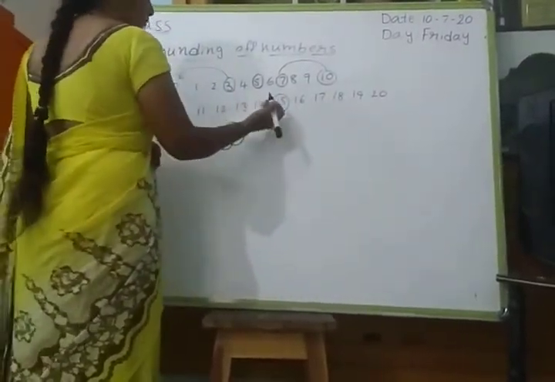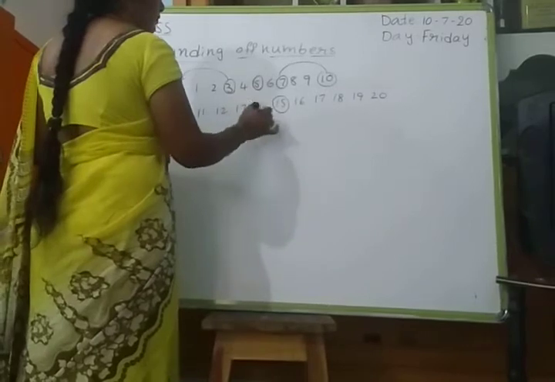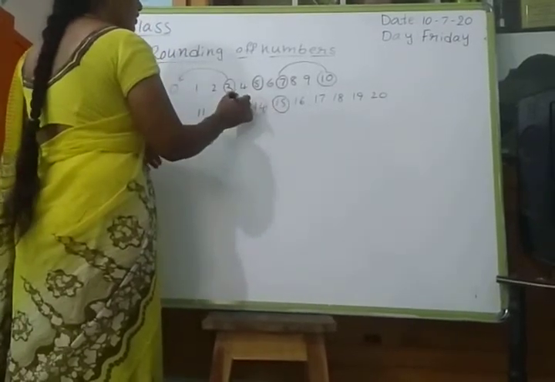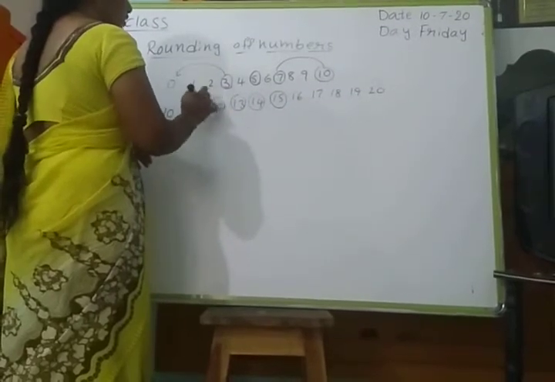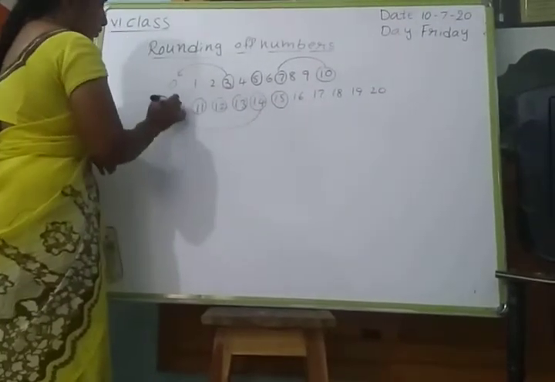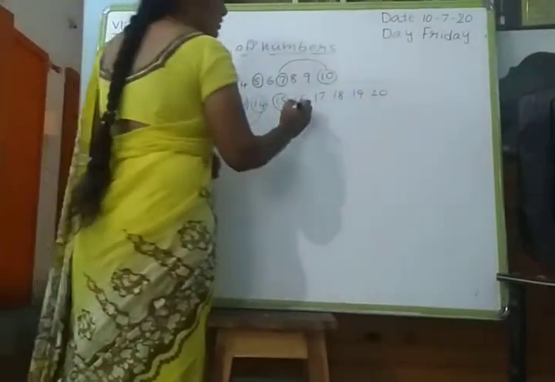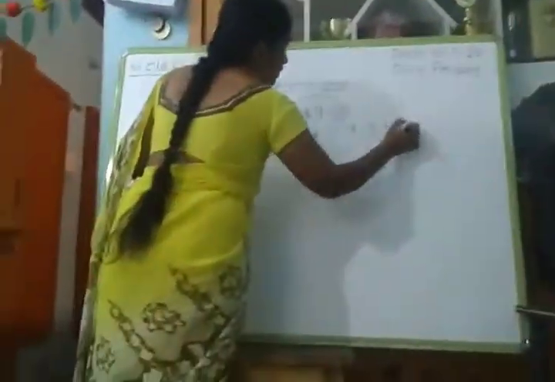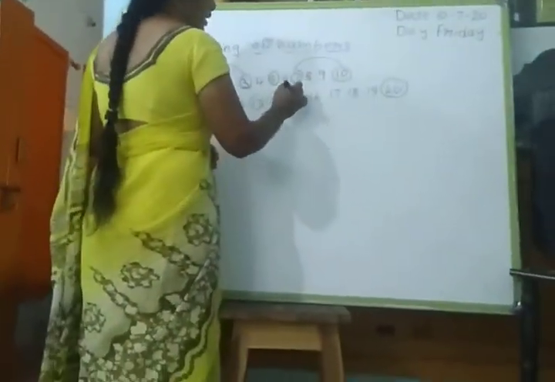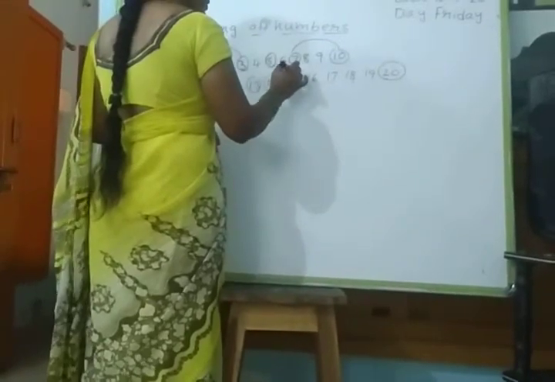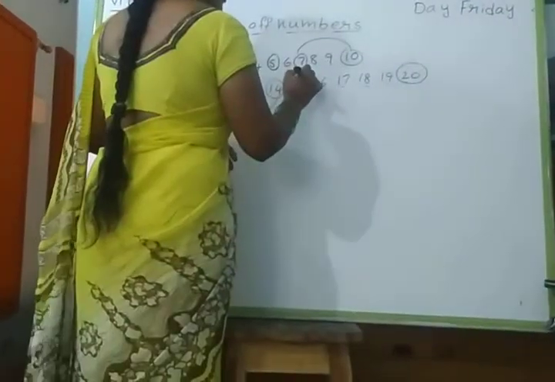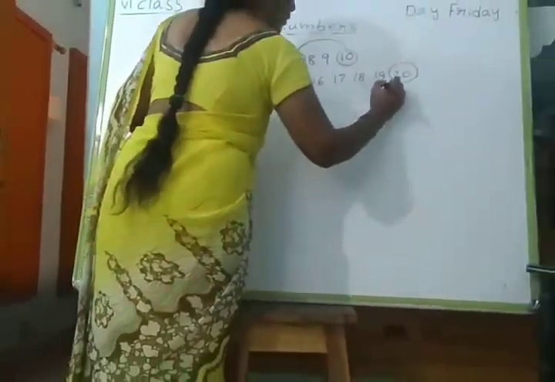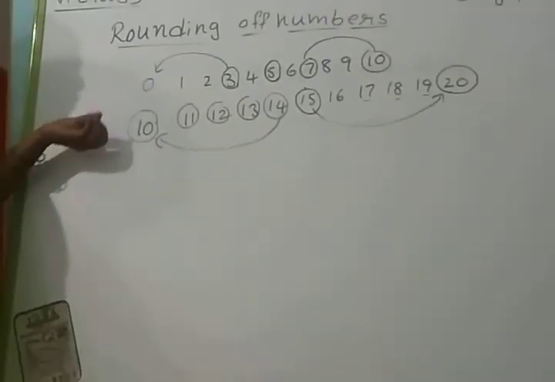On the left side, 14, 13, 12, 11 are all closer to 10. 16, 17, 18, 19 are closer to 20. And what about 15? 15 is exactly the middle value. We can take it as nearest to 10 or 20, but we take the higher value only. So 20.